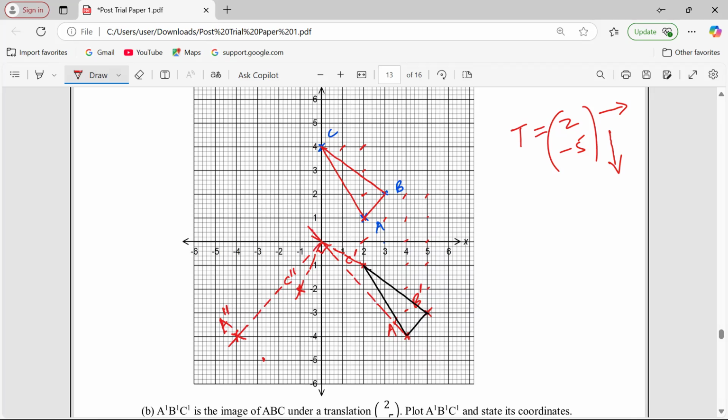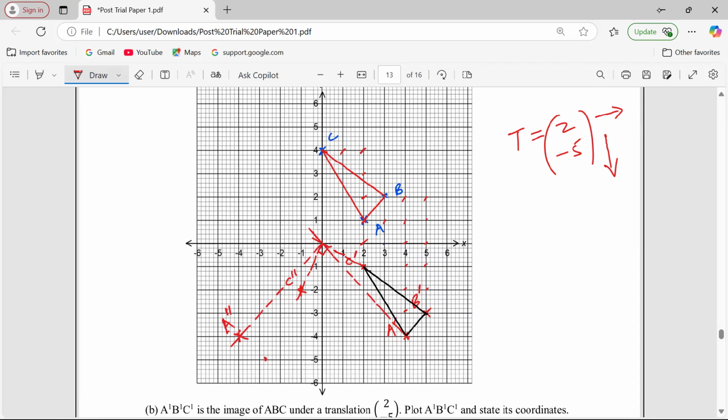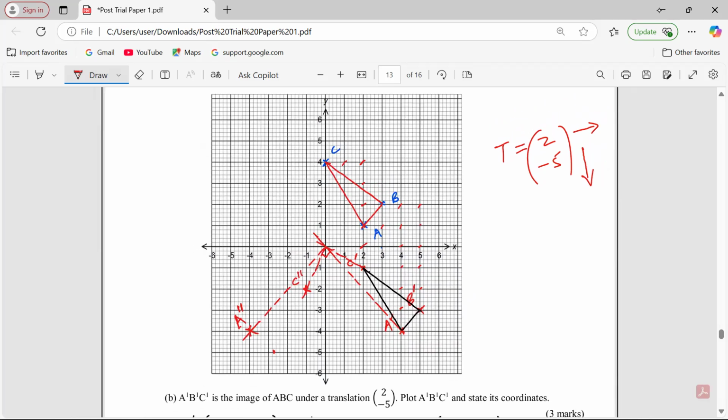We have C already. So we rotate finally point B. To rotate B now, we connect it again. We connect B to the center of rotation. Then now along that line, we measure 90.